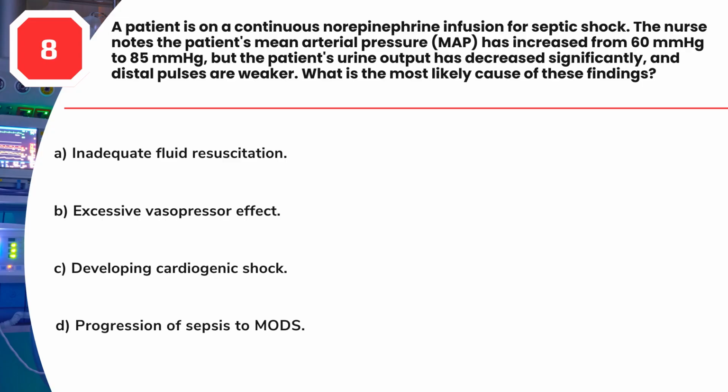Question 8. A patient is on a continuous norepinephrine infusion for septic shock. The nurse notes the patient's mean arterial pressure, MAP, has increased from 60 millimeters of mercury to 85 millimeters of mercury, but the patient's urine output has decreased significantly, and distal pulses are weaker. What is the most likely cause of these findings?